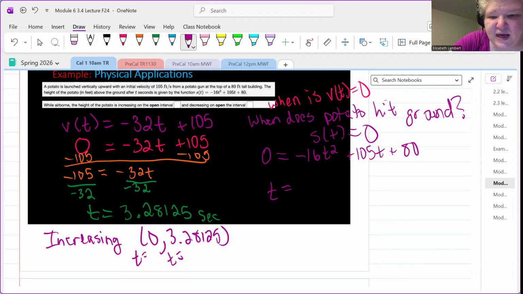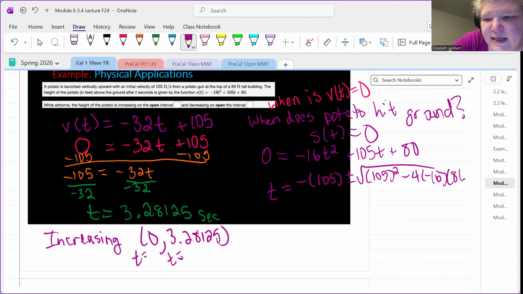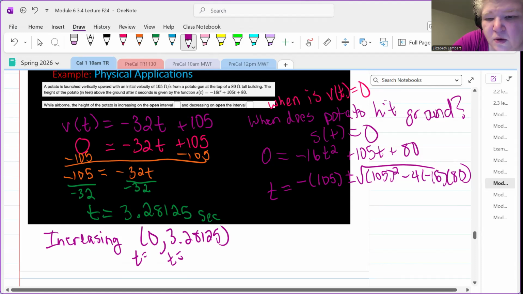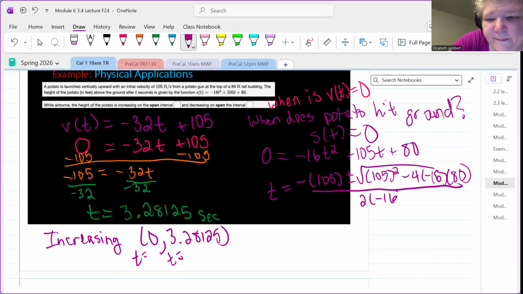So I'm using t equals because that's what our variable is in terms of. So negative b plus or minus the square root of b squared minus 4ac, all over 2a.